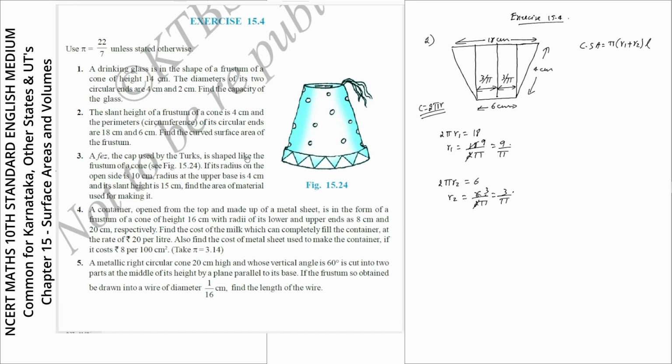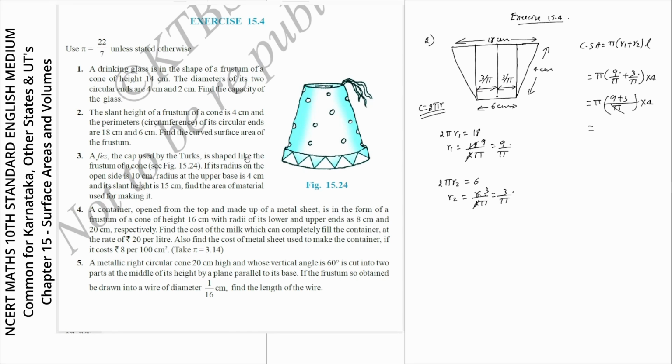Now r1, r2 both are known, so substitute in this formula. So curved surface area is given by pi into r1, r1 is 9 by pi, plus r2 is 3 by pi, into L. Slant height is 4 centimeter, it is given. So this is equal to pi into, the LCM of pi and pi is pi only. So in the numerator 9 plus 3 into 4.